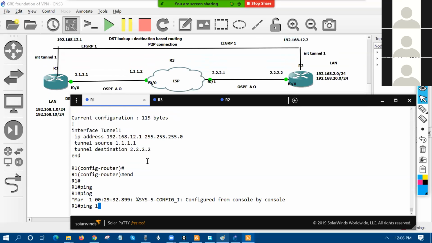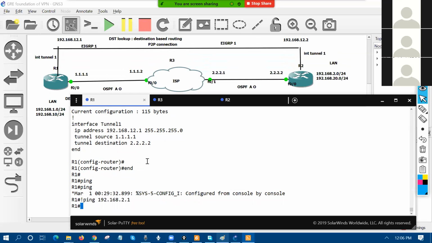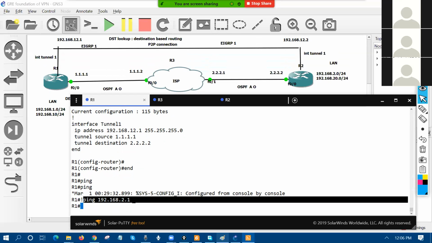So now, if I'm going to send any packet, try to understand. I see the ping to 192.168.2.1 from R1. On R1, I'm pinging 2.1, right? So what happens in this case?